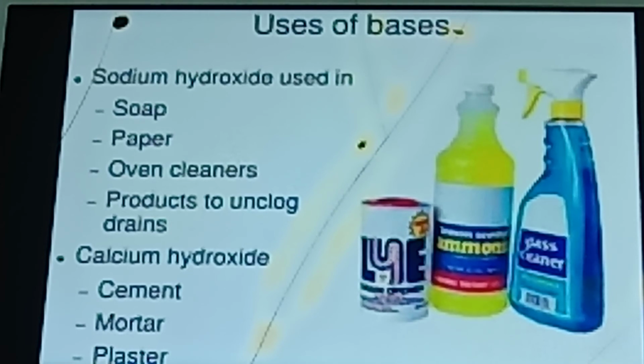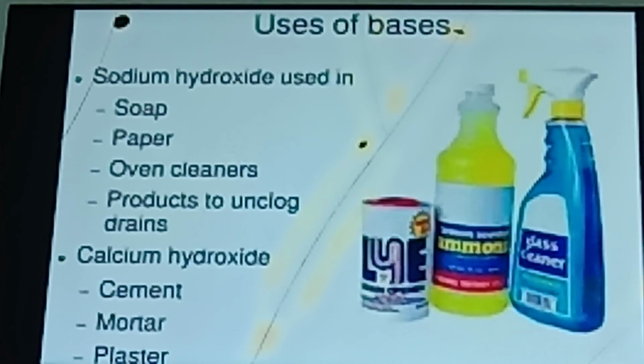Calcium hydroxide is used for whitewashing. Aluminum hydroxide and magnesium hydroxide are used in antacids to cure acidic problems. Ammonium hydroxide is used to manufacture fertilizer, nylon, plastic and rubber.